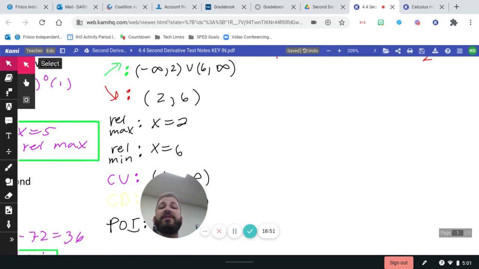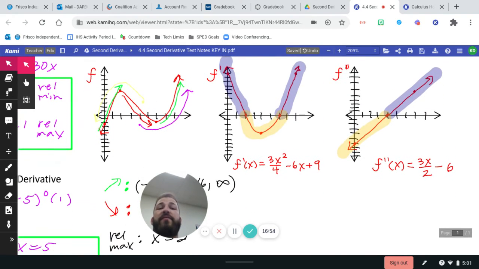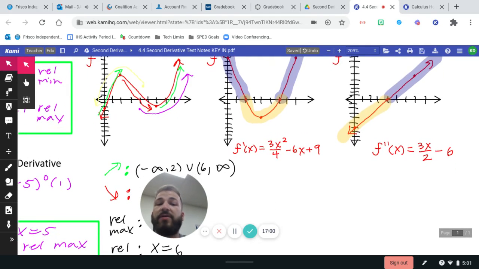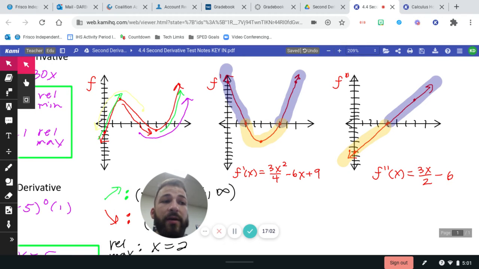Okay, so that's all of the relevant information on F. Now on F prime, let's see how some of the same information matches up. Where F is increasing or decreasing, F prime is positive or negative.